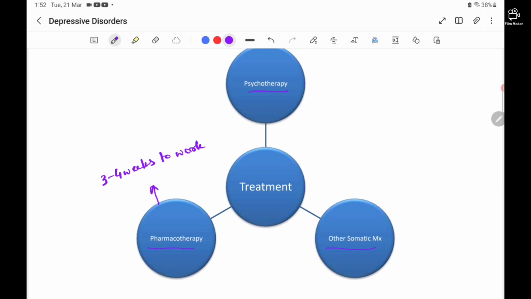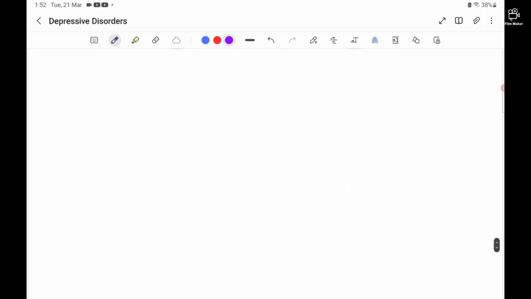So you give the patient a prescription and after 2-3 days he comes to you and says, doctor, it's not working, please change the prescription. That's not how it works. It takes at least 3 to 4 weeks to work. So now let us first talk about pharmacotherapy. What drug choices do we have in pharmacotherapy?